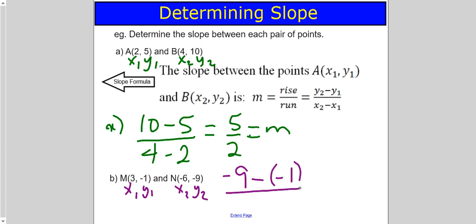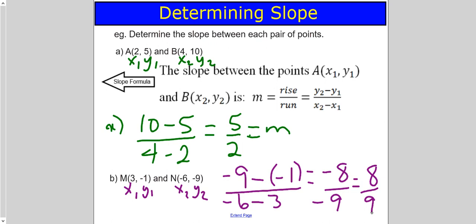And then on the bottom, I have negative 6. That's my x2 minus my x1, which is 3. All right, negative 9 minus negative 1 is going to be negative 8. And negative 6 minus 3 is negative 9. And of course, 2 negatives when we're dividing make a positive. So I have a slope of 8/9.